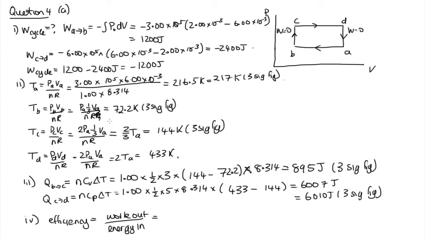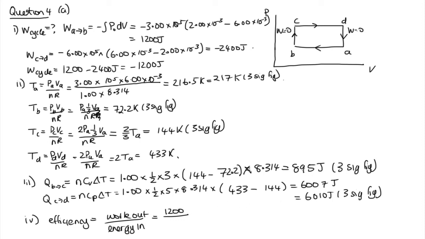So the work out, I mean, it's not really clear from the question if we need to do the work out just from B to C to D or for the whole cycle. I'll do the whole cycle, but you could have done either of them. So the work out is equal to 1,200 because the work done on the gas was negative, so the work done by the gas is positive, which is the work out. And the energy in, this comes in as heat.